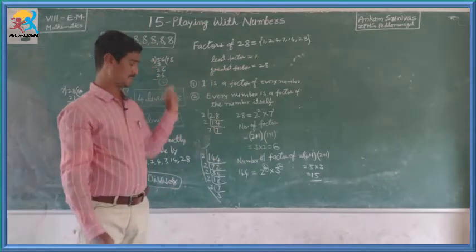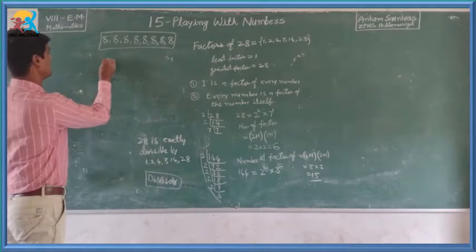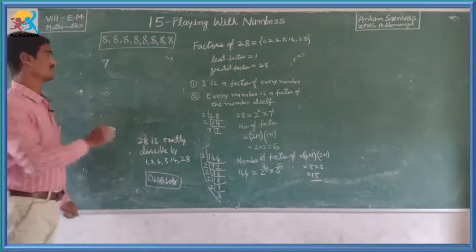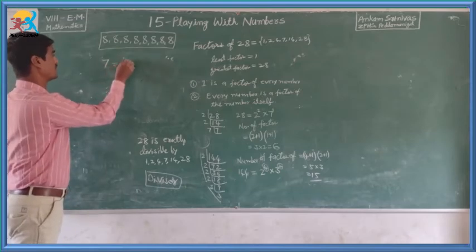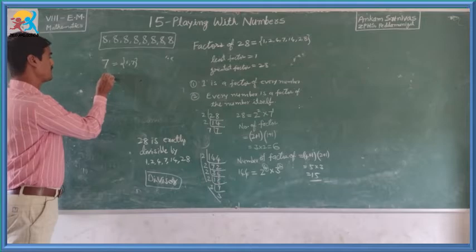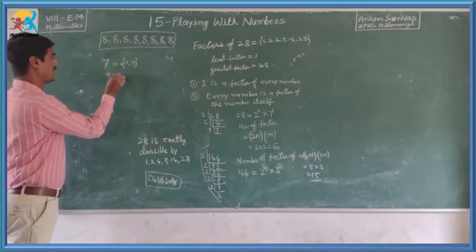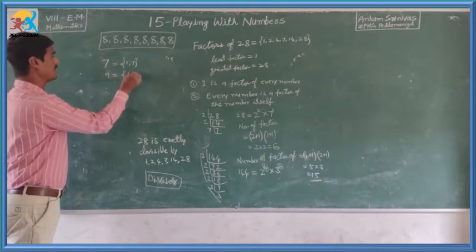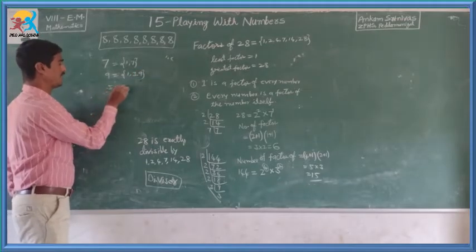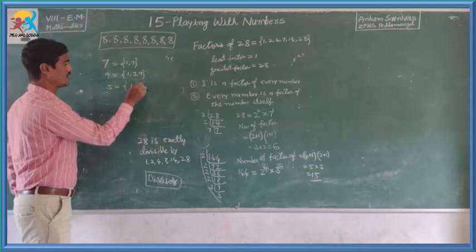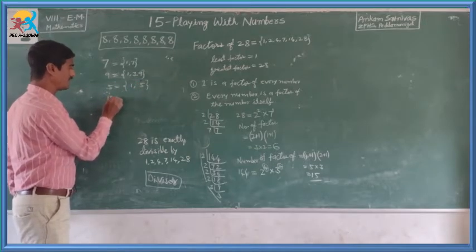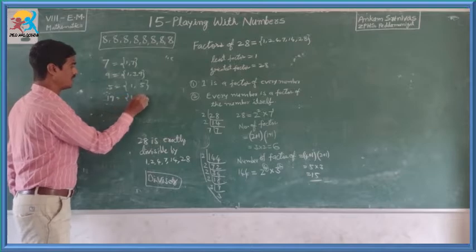If I take 7, how many factors has 7? 7 has only 2 factors, 1 comma 7. If I take 9, 9 has 1, 3, 9. And if I take 5, 5 has only 2 factors, 1 and 5. If I take 17 or 19, 1 comma 19.